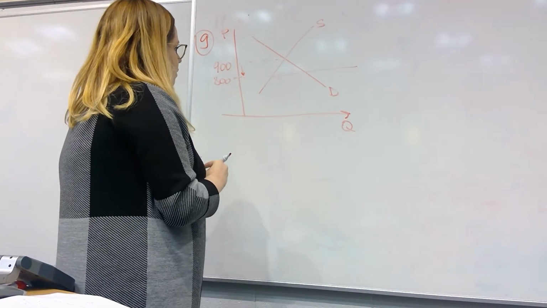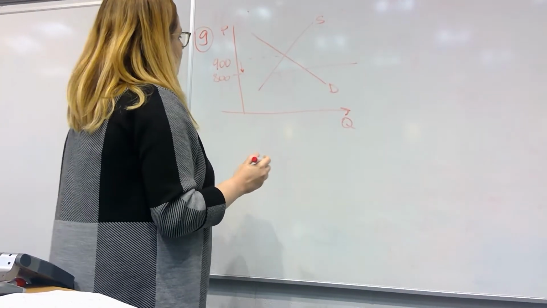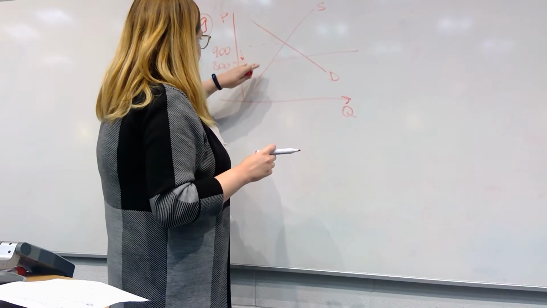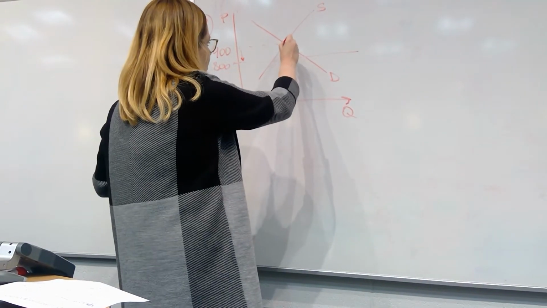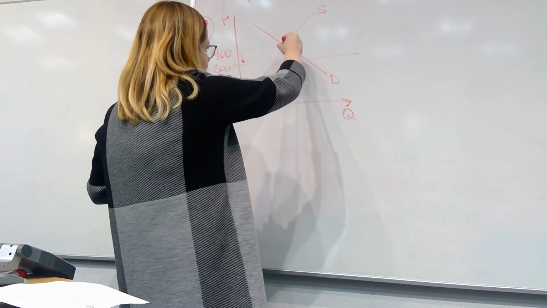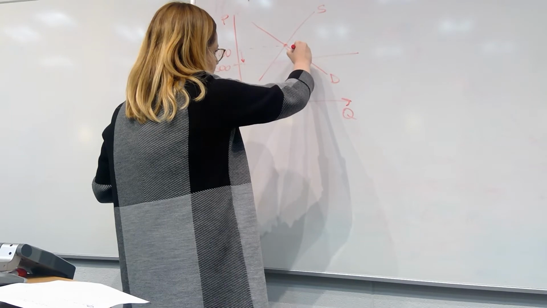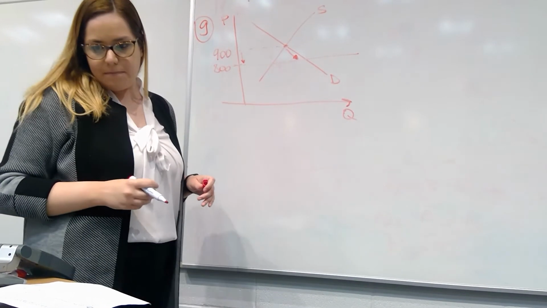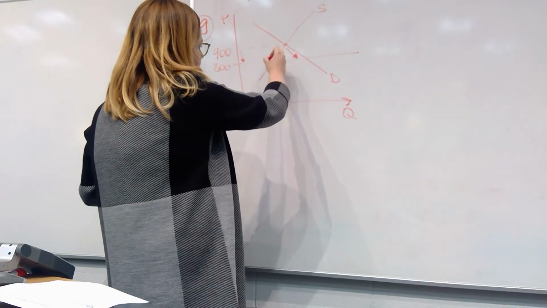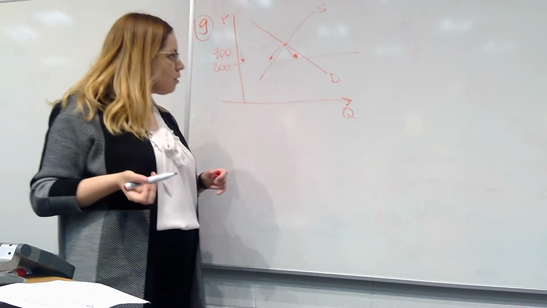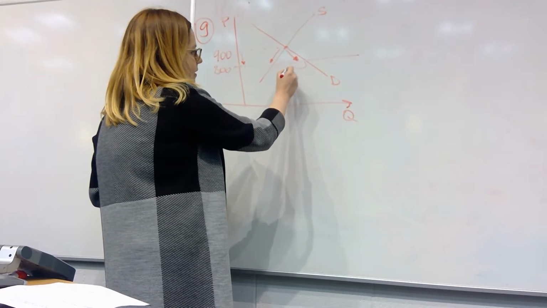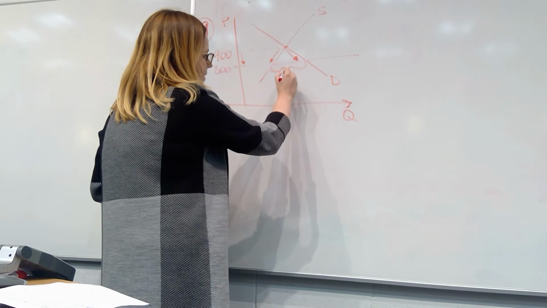So what happens to the demand in this case? We had our initial demand, which is at $900, and in case of $800, our demand increases. Supply in this case moves in the opposite direction, so our supply falls, and then there will be a shortage because we have a difference between demand and supply.